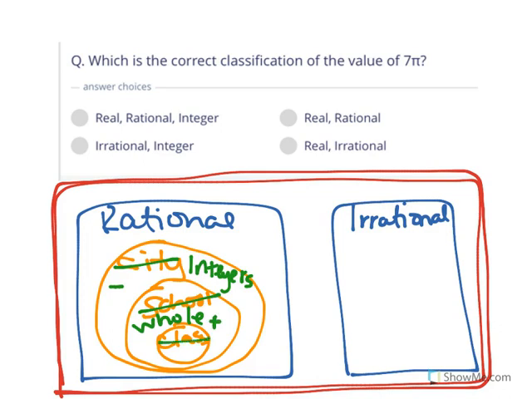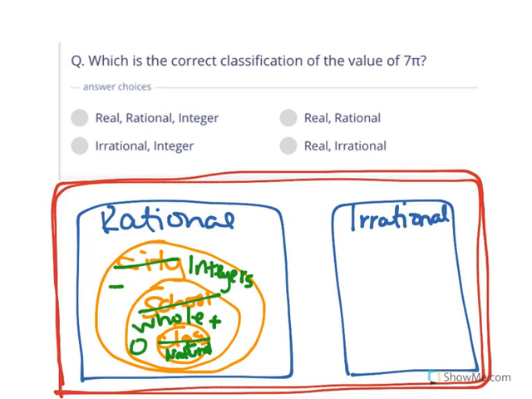But then our class is what we call our natural numbers, the numbers that we first learned when we were itty-bitty babies. First numbers people count, 1, 2, 3. So that would be all your positive whole numbers, except 0.